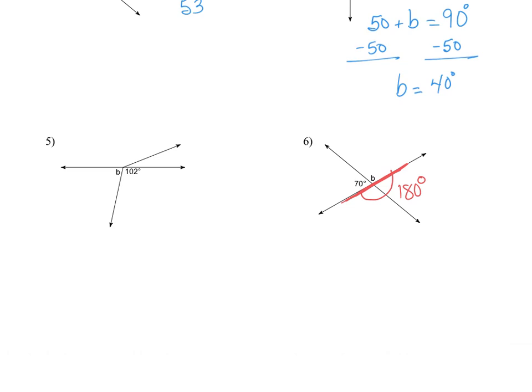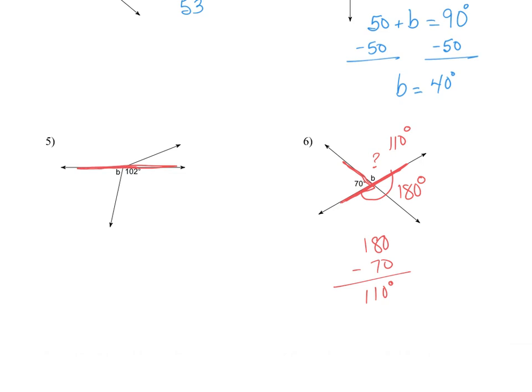So if one of the angles that makes up my straight angle is 70, and I'm looking for the other smaller angle, I'm going to do 180 minus 70 to get 110 degrees, and that is what the measure of angle B is.